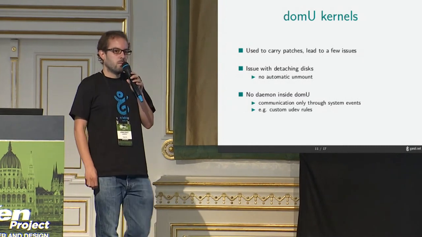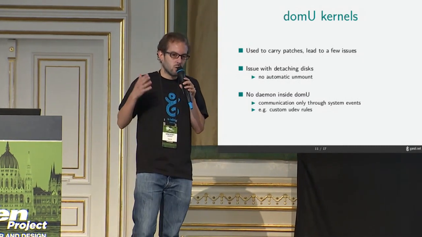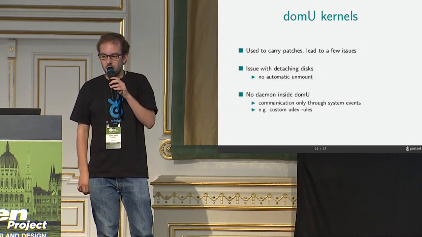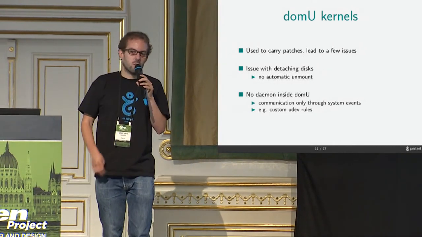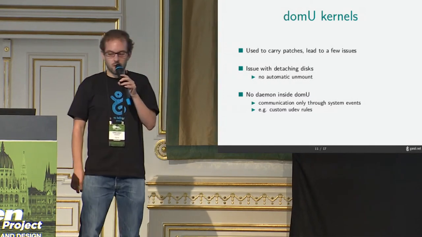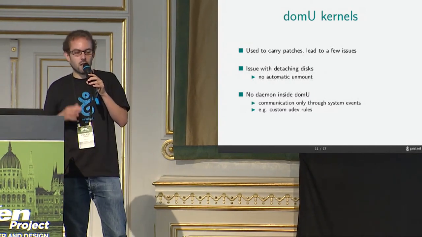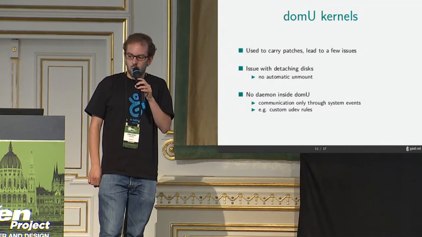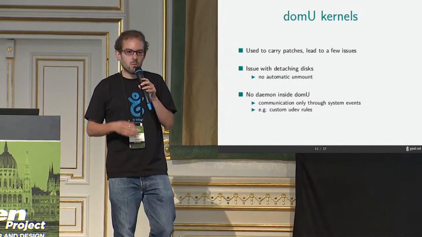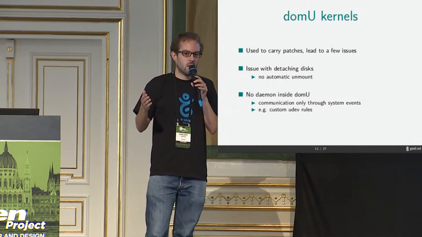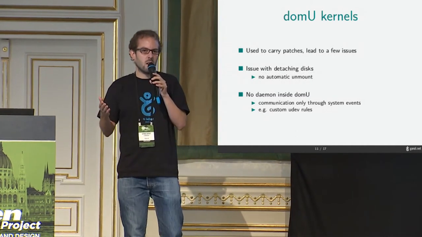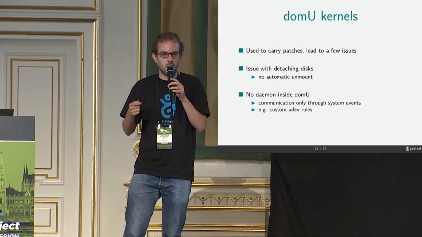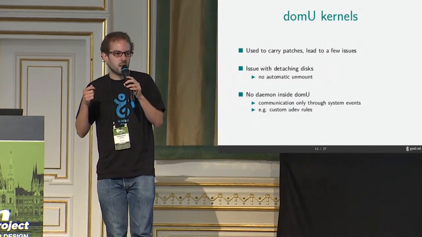So we switched to PVGrub, so we no longer, well, we don't really want to build our own DomU guest kernels, and we used to carry a few patches for them, so we had at least a couple of issues with that. The first one is a small one, with, for example, the default kernel in Debian Jessie. It's based on 3.16. We have some issues with MCE, machine check exception.